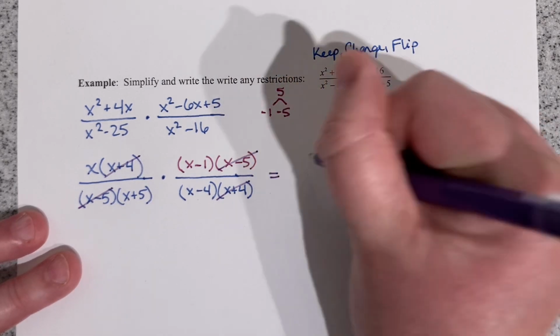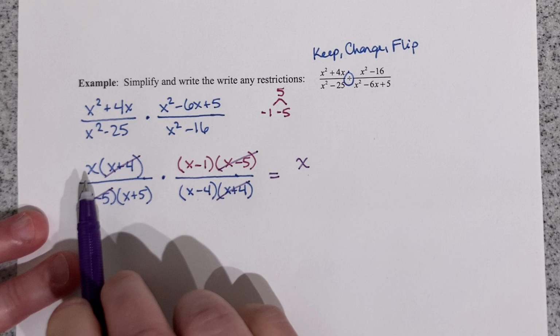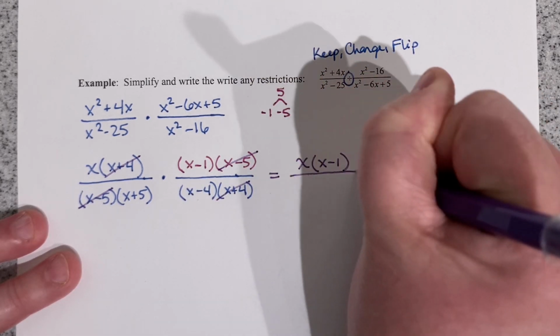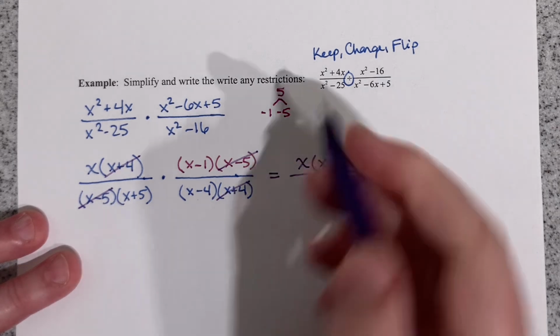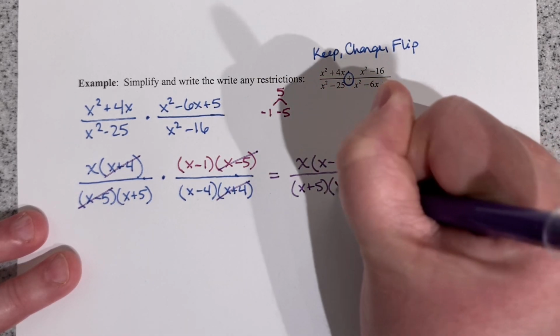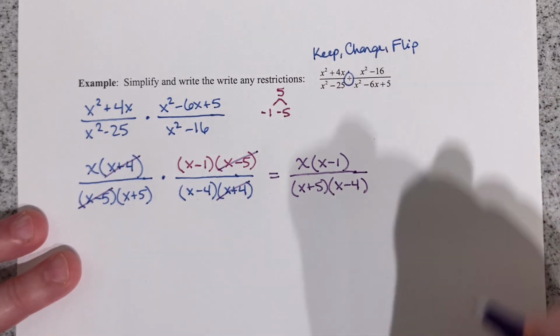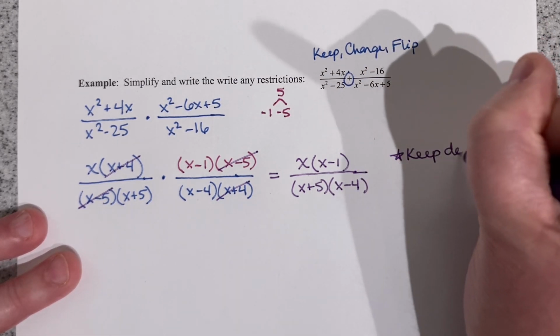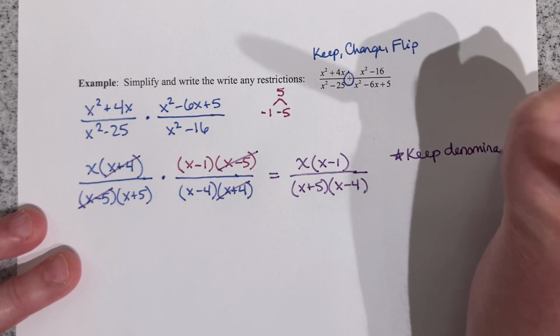So what's left behind is that x on top and then times x minus 1 divided by, and what's left on the bottom is x plus 5 times x minus 4. Always keep denominators factored. And really you can keep the numerator factored as well.